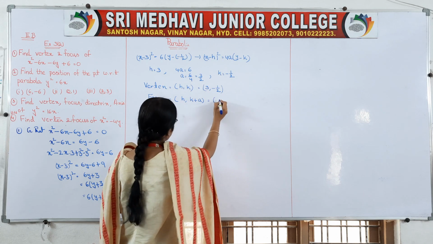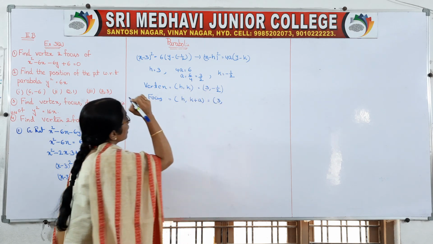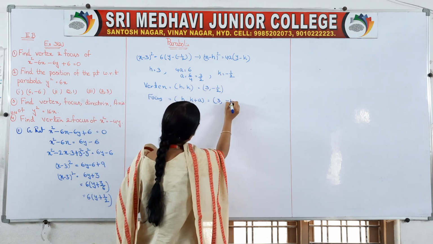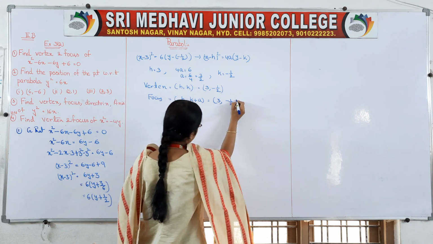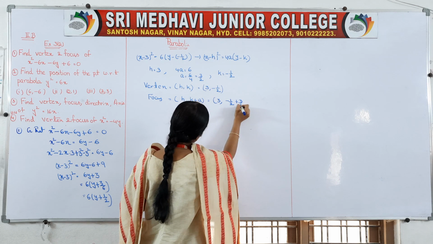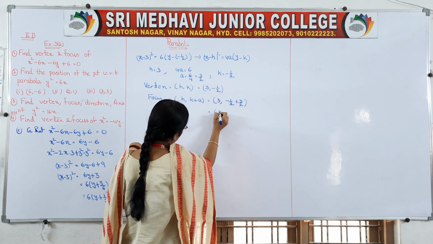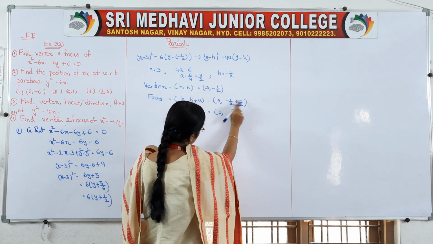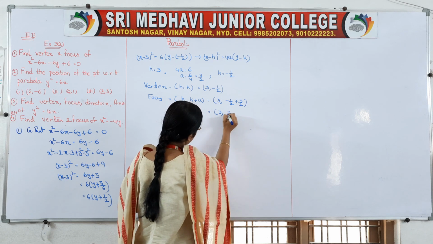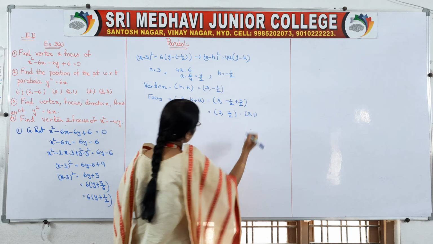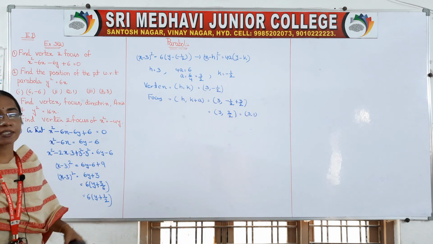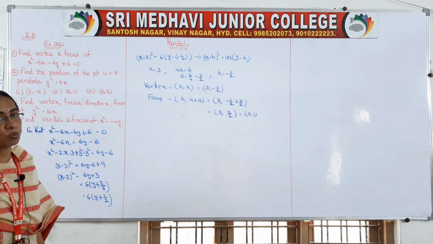So h is 3. k plus a: k is minus 1 by 2, plus a is plus 3 by 2. So is equal to 3 comma, taking the LCM, 3 minus 1 is 2, 2 by 2 cancels, so 3, 1. You got your vertex and focus. That's all for 2 marks.